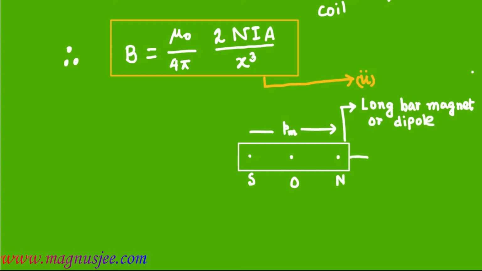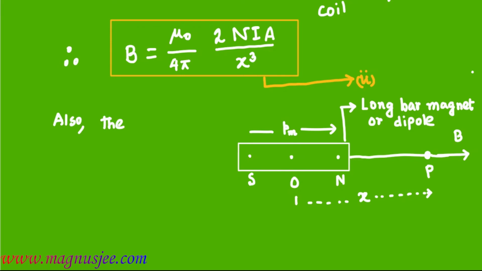We can draw the axis up to the point P. X is the distance of the point P from the midpoint O of the bar magnet. At P, the resultant magnetic field induction due to the long bar magnet or magnetic dipole acts. This is the magnetic field induction at P due to the long bar magnet on the axial line.